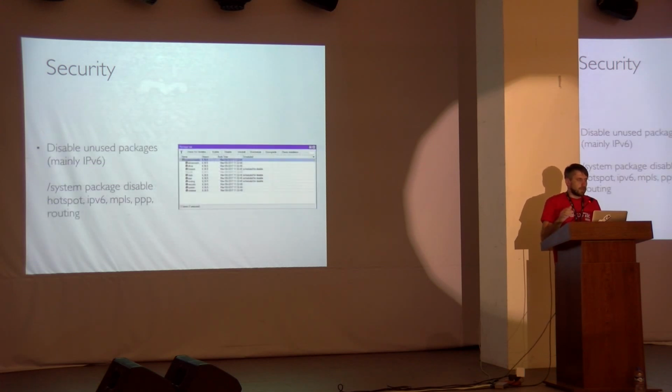The next step of security, and maybe not security, but the step how you can free your router's resources, is by disabling all unused packages. So when you have a router with default configuration, default package set, maybe you don't need some packages. For example, if you have CCR board and you are not using wireless controllers, there is no need to use wireless package.